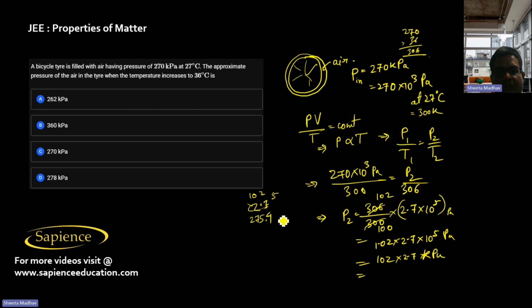So 275.4 kilopascal, which is approximately 276 or 278 approximately, I can tell. So option D is the correct answer.